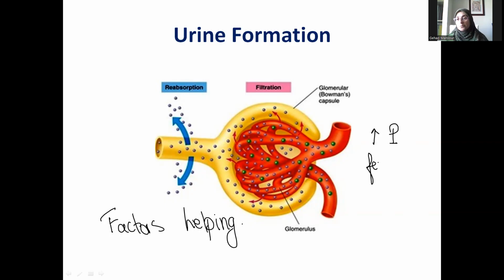And number two is the presence of the fenestrations in the capillaries, because if there were no fenestrations in the capillaries, there wouldn't be passage of substances from the blood inside the capillaries to Bowman's capsule. So first of all, high glomerular pressure, and number two, the presence of fenestrations in the capillaries. Of course, you can say that the loop of capillaries is coiled and has a large surface area, which increases the rate of filtration.